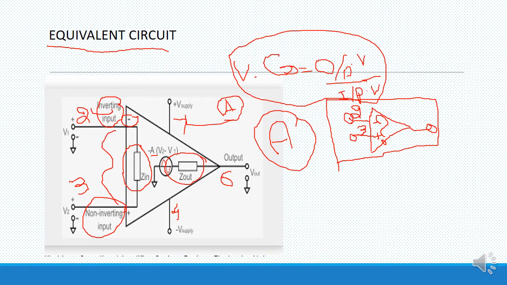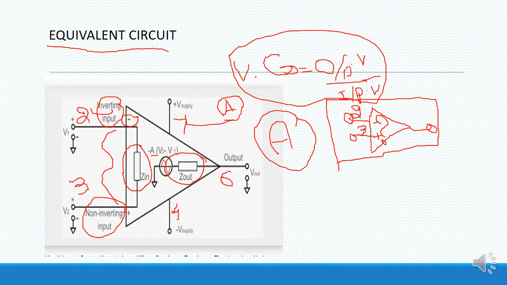Because it is going to amplify the difference between two input signals, so that is why it is called a differential amplifier. The figure shows the equivalent circuit. It contains two inputs, two power supply connections and one output. Inverting and non-inverting terminals are connected with the input resistance. Output is connected with the output resistance and the source. Let us hope all of you understood this one.